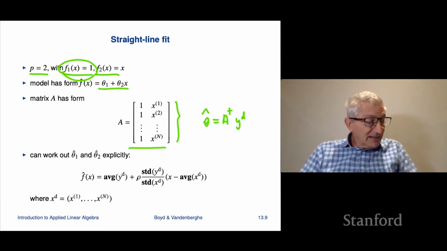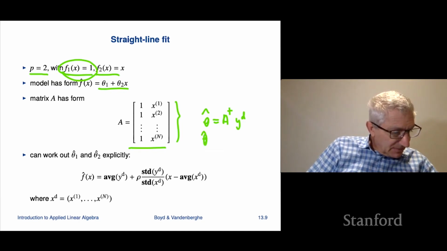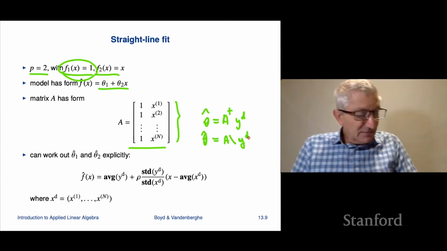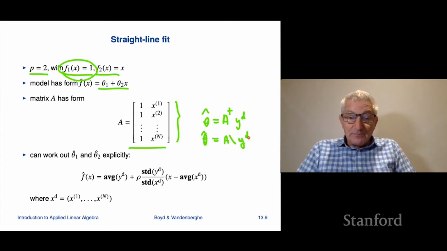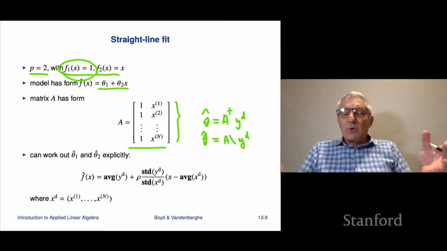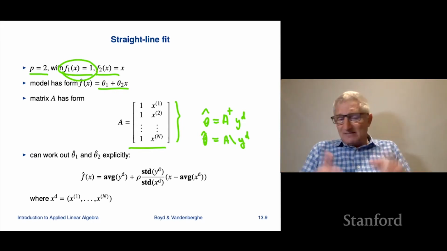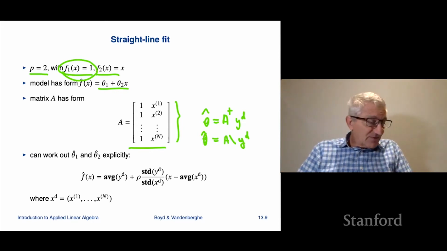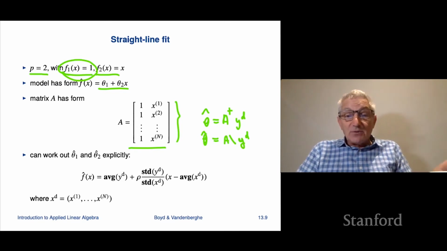In code, depending on the system you're using, it would look like some kind of backslash. In other systems, there would be some least squares method you would find and call that special function. So there's absolutely nothing wrong with doing this.